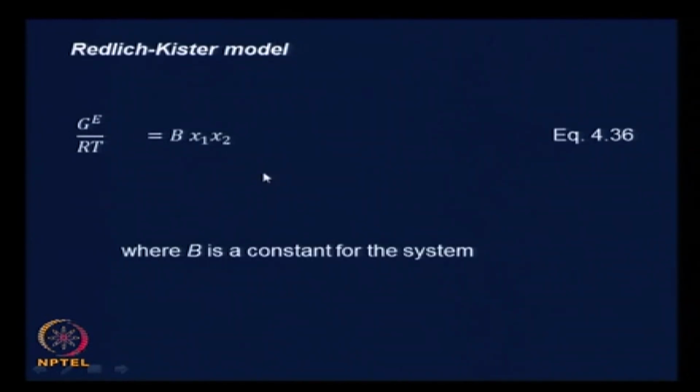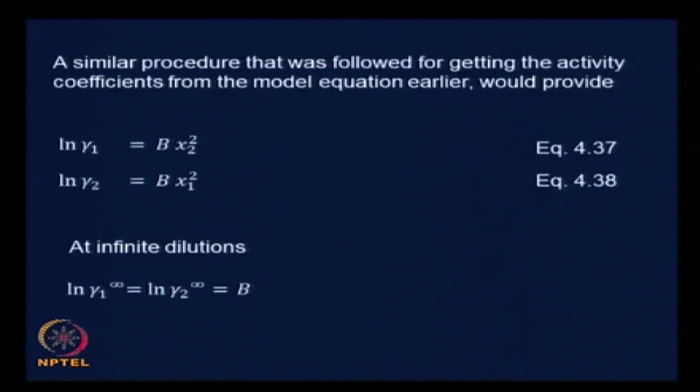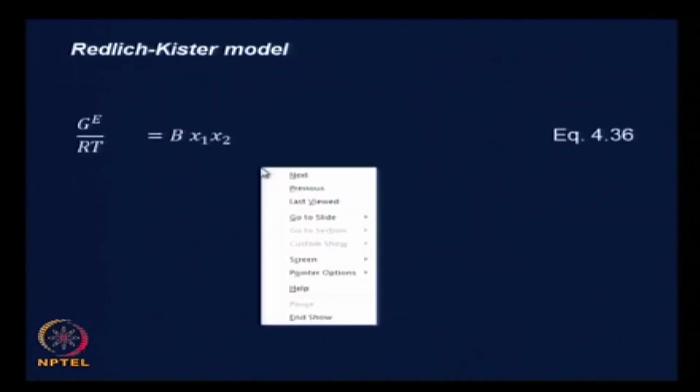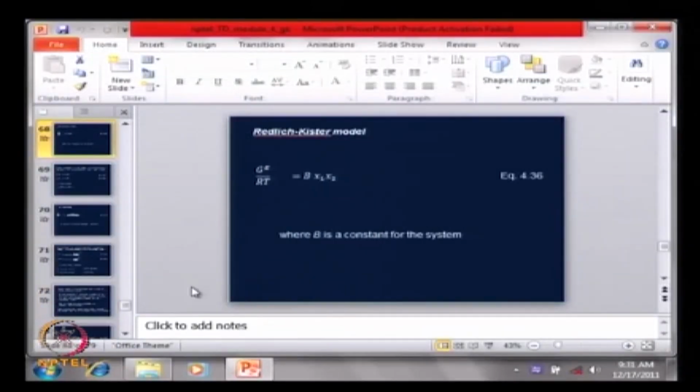What was started in class and left as homework was to derive the expressions for ln gamma 1 and ln gamma 2 for the Redlich-Kister model using the same procedure as we did for the Margules model. Hopefully you would have obtained these expressions.